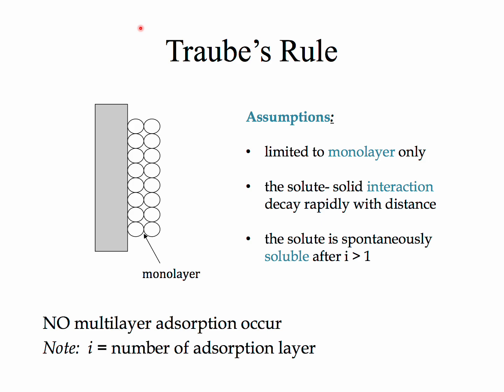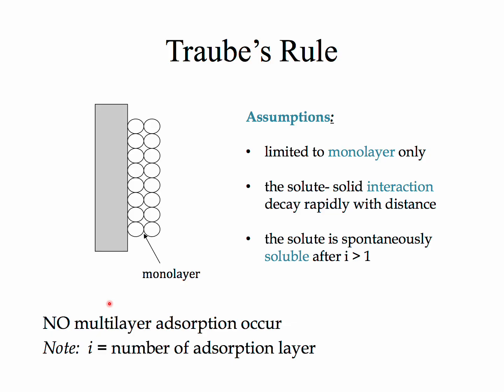As shown in this diagram, the surface is covered by one layer of molecules arranged side by side, forming a complete monolayer, and there is no multi-layer absorption of the liquid molecules onto the solid surface. Also note that i here represents the number of absorption layers.